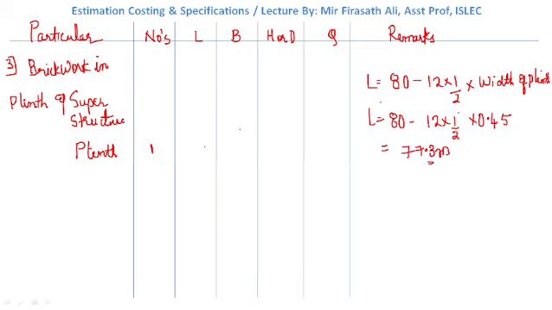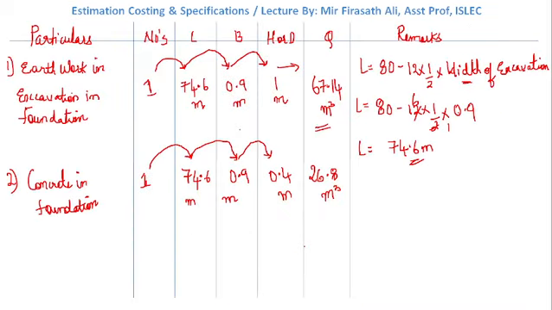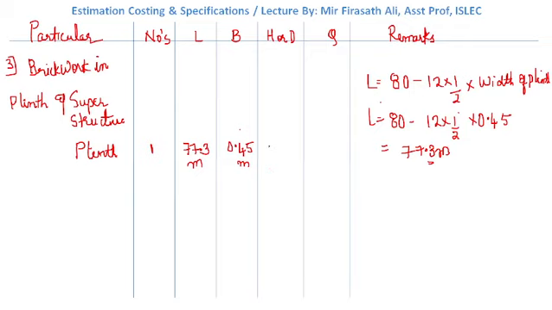So, write down over here 77.3 meters. Breadth is 0.45 meters. What is the depth over here? Look at this section. The depth is 60 centimeter, the corresponding height or depth of the plinth. So 0.6 meter.